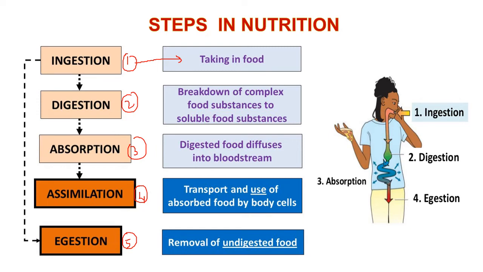Now breaking down the complex food substances into simple soluble food substances, for example sugar, this step is called digestion, right? Now what will happen to that digested food? That digested food is actually absorbed or diffused into our bloodstream. That is called absorption of the food.